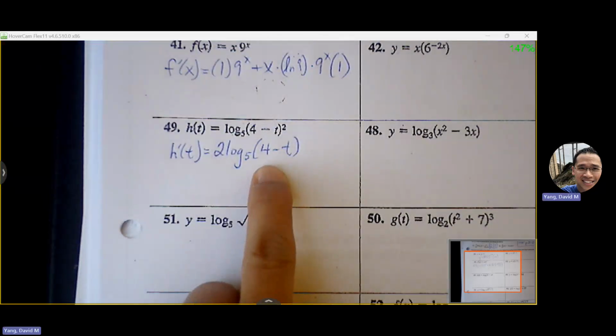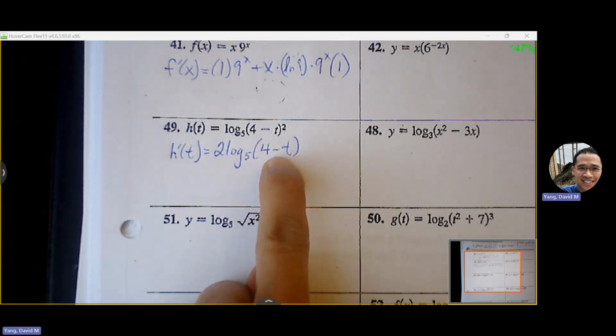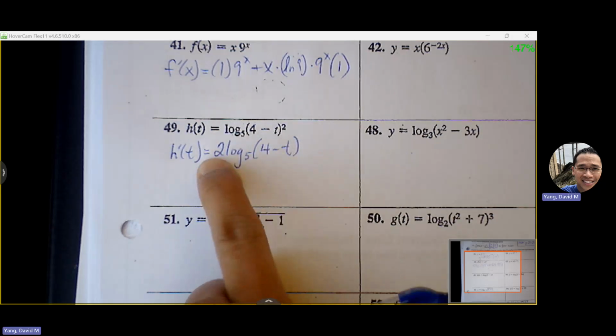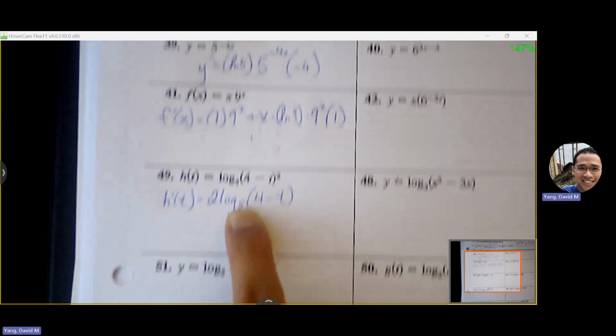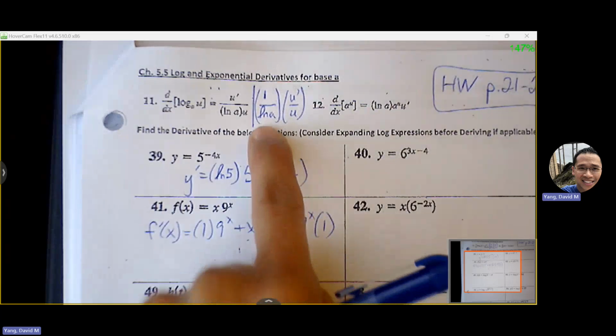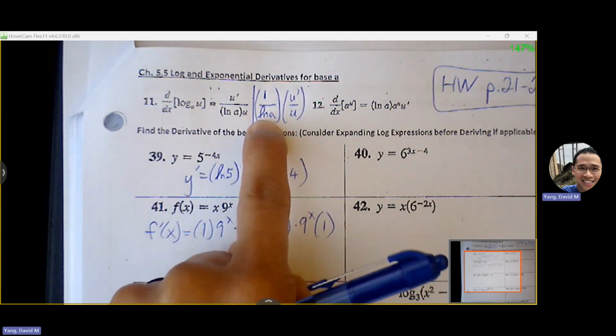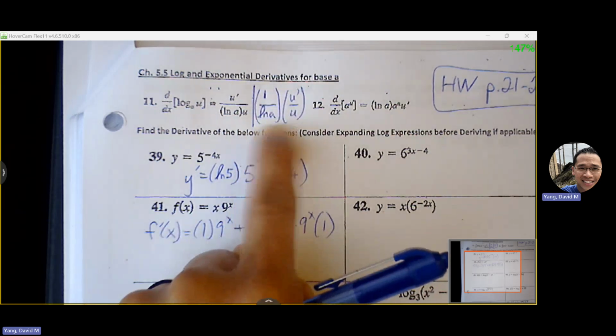And again, if we still pretend like it's natural log, you would just say u prime over u with the coefficient in front. But there's something a little bit extra with that log base 5. The slightly new thing we have to do is include that 1 over natural log of a to handle that log base 5. But everything else will feel just like natural log.